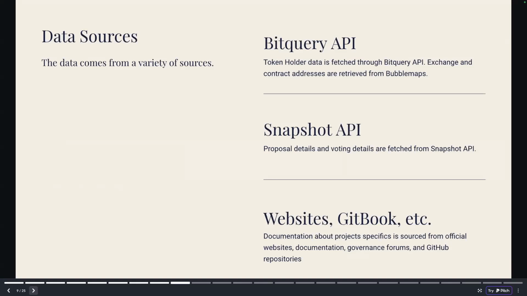Snapshot is a popular governance voting platform, and there I retrieved the proposal details and the voting details, meaning which wallets voted for the specific proposals. And then I utilized a big range of documentation, from official websites, governance forums, Gitbook, etc., to assess the transparency metrics.